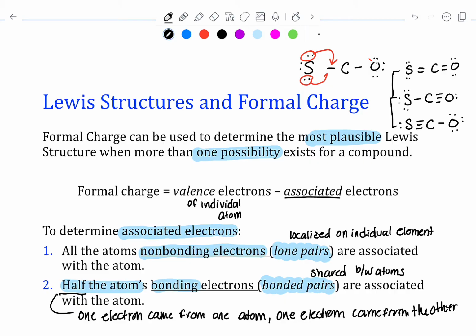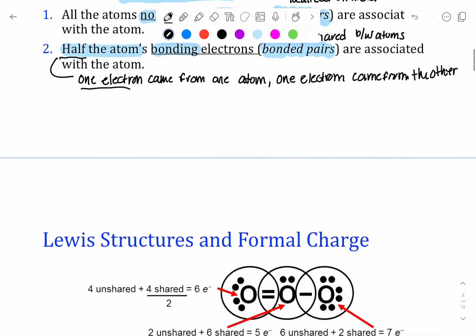Sorry, my handwriting is not great right there, but one electron came from one atom and the other electron came from the other atom. So the formal charge of the individual atom only considers the one electron that it gave to the bond being formed. Okay, let's practice using this.